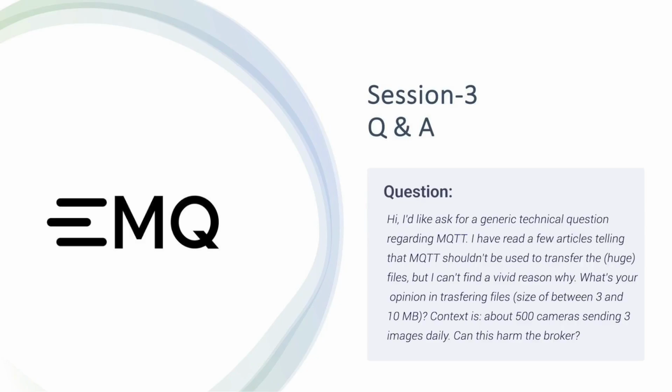Because if you transfer a 10 megabyte payload and the network is spotty, it's likely that the transfer may break and you will have to resend it again. But if you use the file transfer protocol, then EMQX will split this payload automatically for you, and it will just retransfer the chunks that it needs to retransfer. And in general, it should be much easier on hardware.